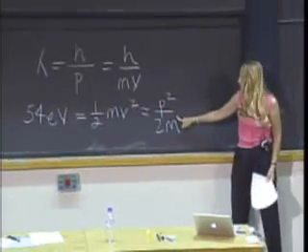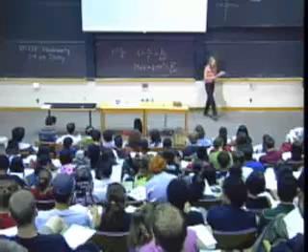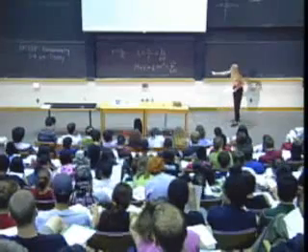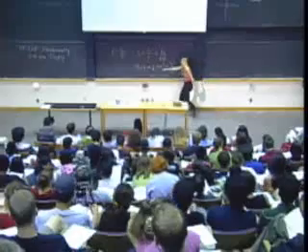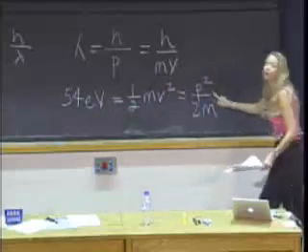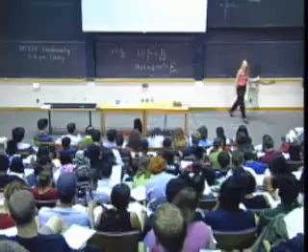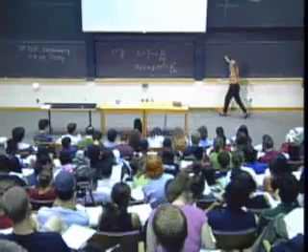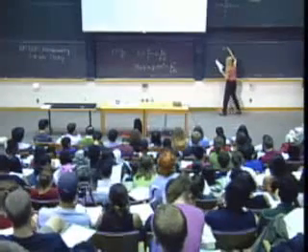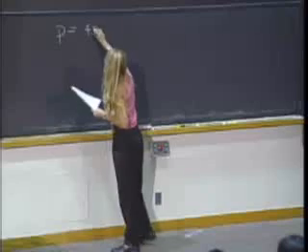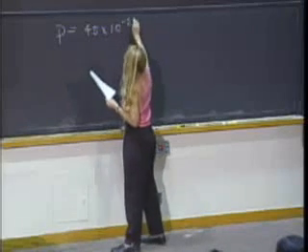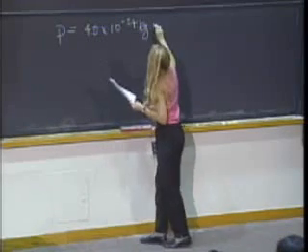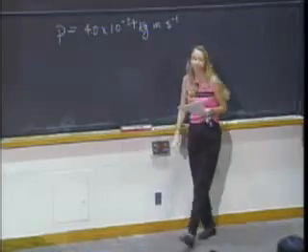All right, p squared over 2m is the kinetic energy. And therefore, if this is the energy, you can calculate the momentum of those 54 eV electrons. So the momentum is 4.0 times 10 to the minus 24 kilograms meters per second.